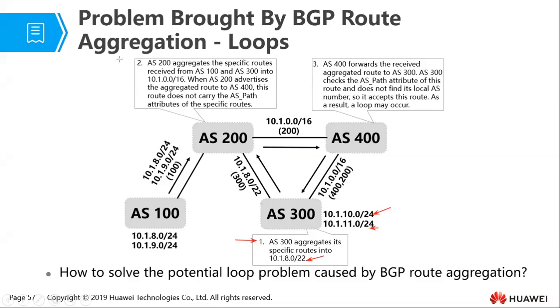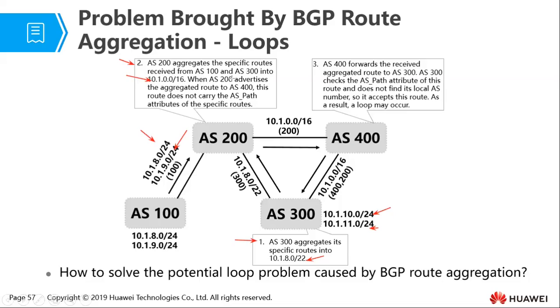So number two, AS200 aggregates the specific routes from AS100 and AS300 into this. So these routes that have been received, 1, 2, 3, they are aggregated into 10.1.0.0/16.